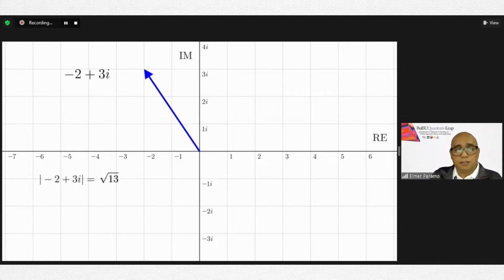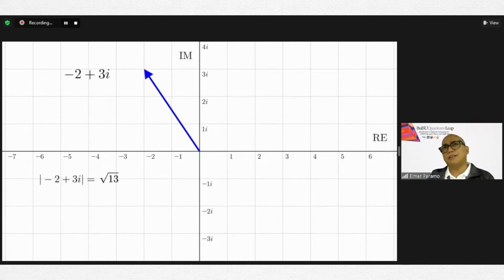But the absolute value of a complex number is a generalization of the absolute value concept for real numbers. The computation of the absolute value is you have to square the real part plus square the imaginary part and take the square root, just like what we did with vectors yesterday. So that's the concept of absolute value.